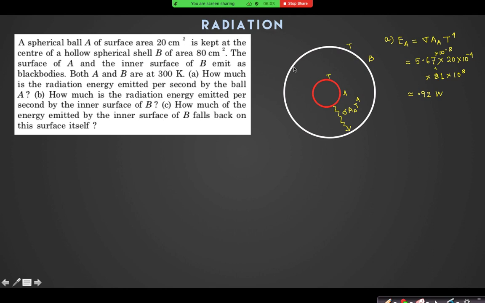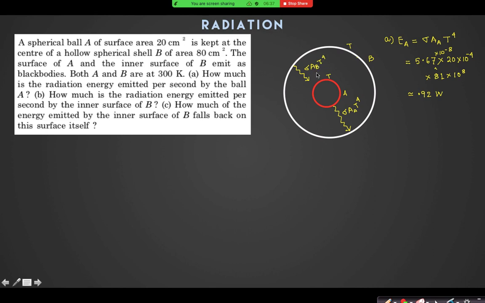So how much will be the radiation power of the emission of the inner surface of B? Sigma into area of B into T to the power 4. Yes, definitely.